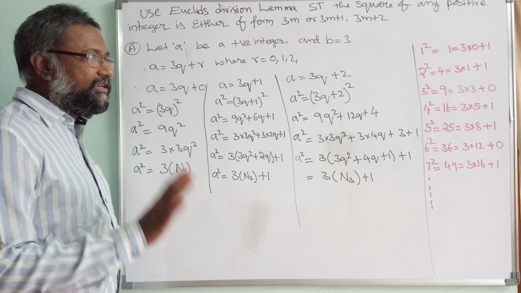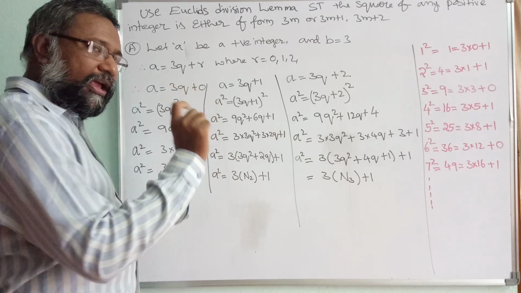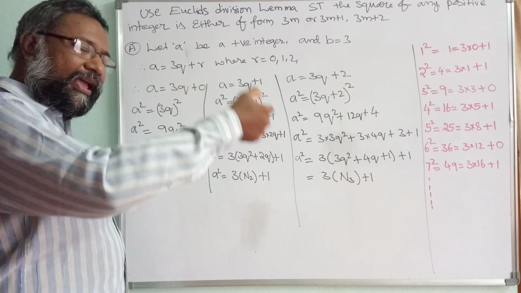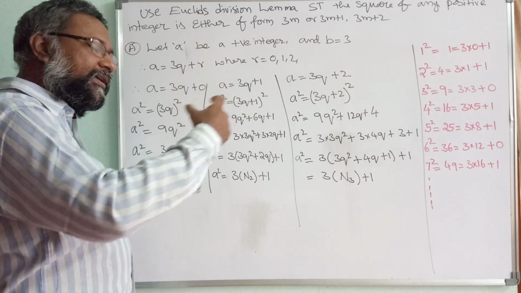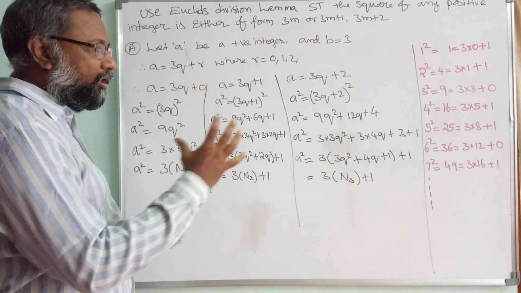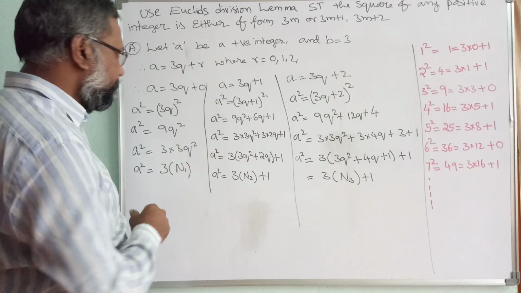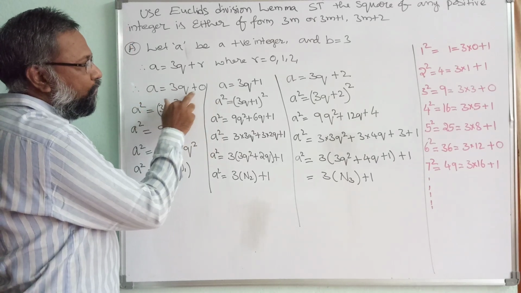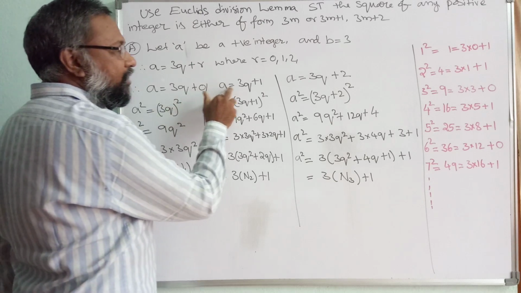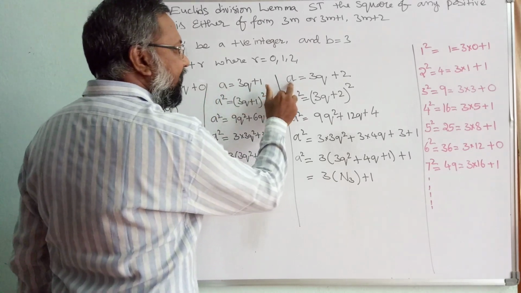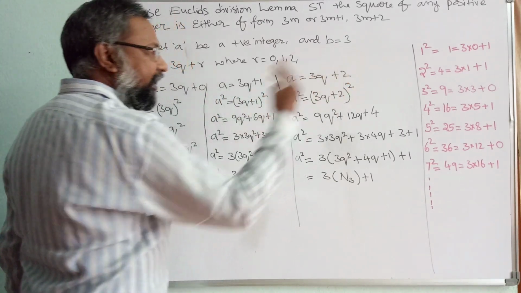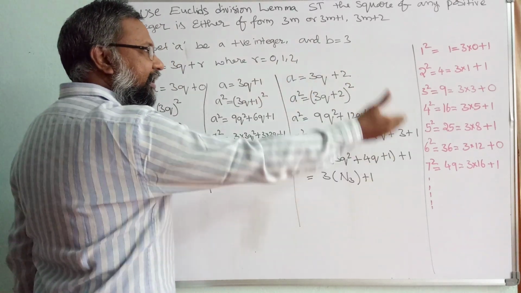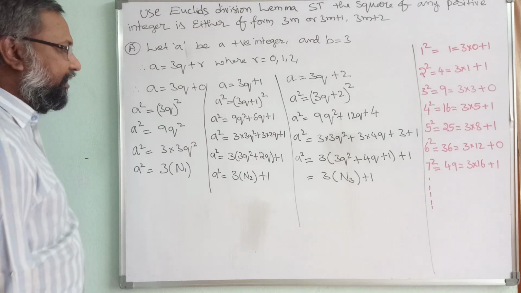So the question is, if you take any positive number and square it, that can be written in the form of 3m or 3m plus 1. I will explain. First let us take a equal to 3q plus 0, a equal to 3q plus 1, a equal to 3q plus 2. 3 conditions are there, and a equal to 3q plus 3 is again a cyclic repetition.